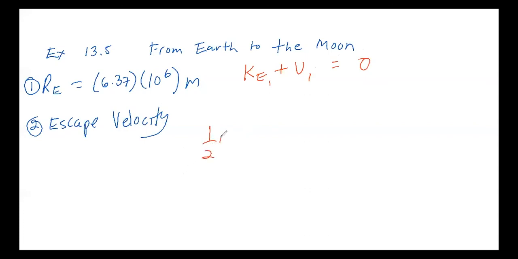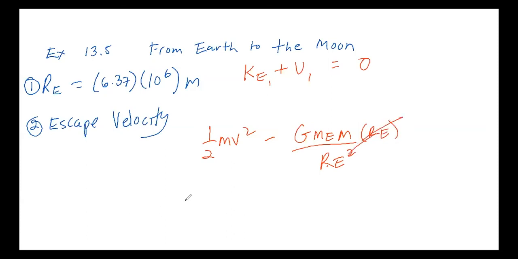So we have 1/2 mv squared minus G, mass of the earth, mass over radius of the earth. Why isn't it squared? Because it's radius of the earth squared times the radius of the earth there. So that's why it's not squared.